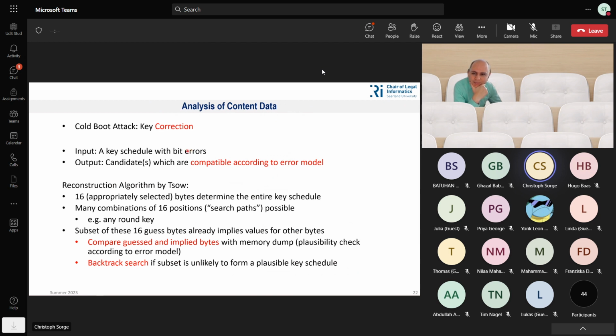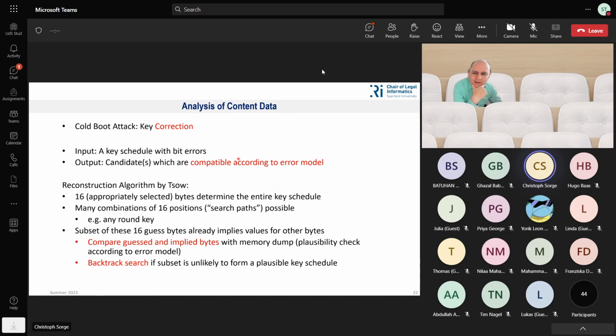So an algorithm by itself works, or maybe I should start at the beginning. So if we have a key with bit errors, then what we want is we have the key schedule with the errors, and we want an algorithm that outputs candidates which are compatible according to a given error model.